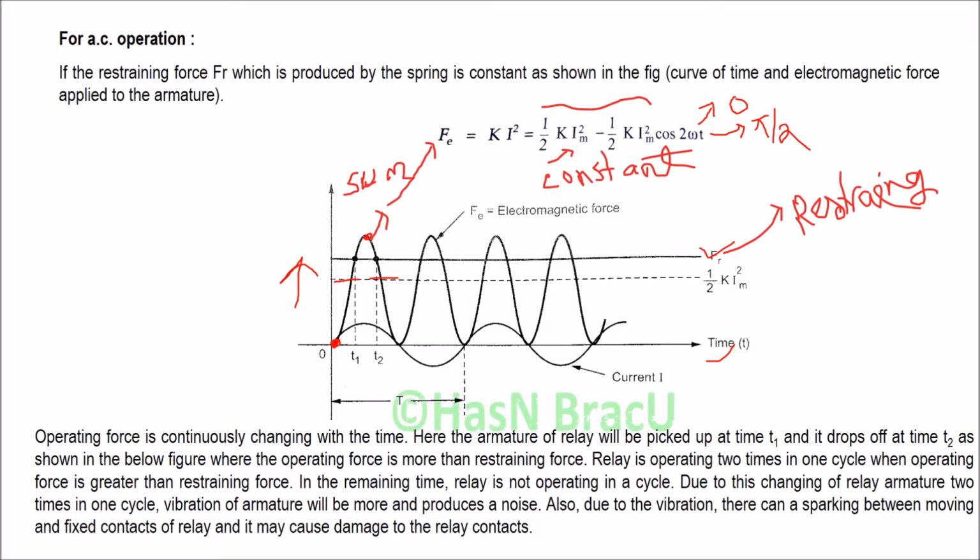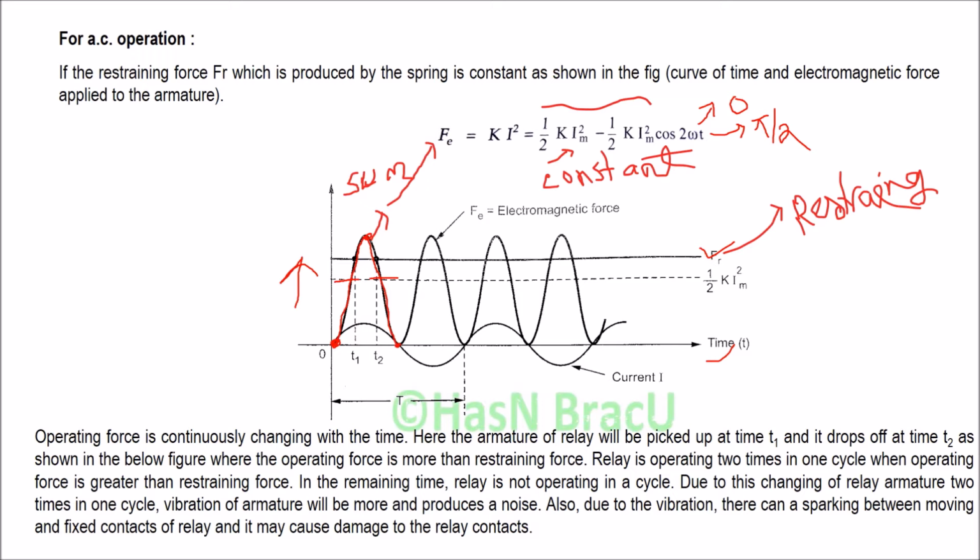Again, when omega t is equal to pi, the value of Fe will be 0. So finally we get a curve like this for resultant operating force. This means operating force Fe is continuously changing with the time.